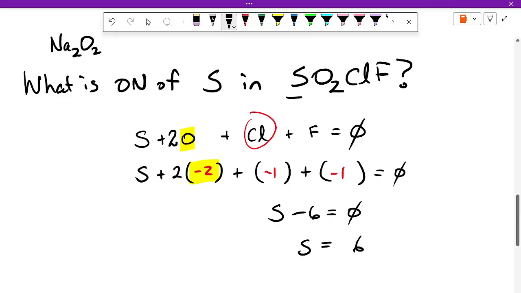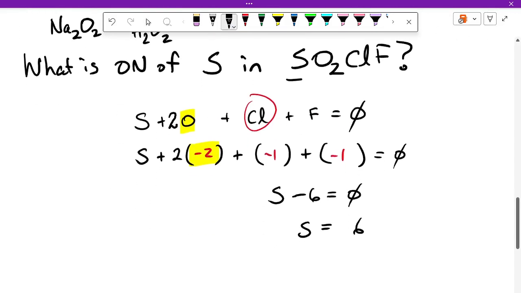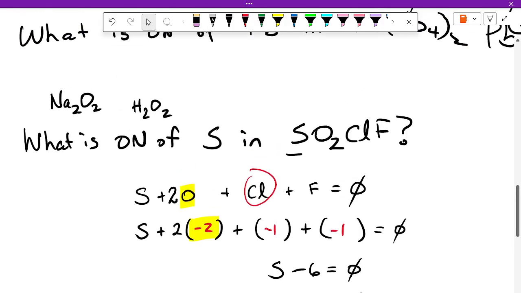Or hydrogen and oxygen, but it's not water. So never peroxide if you're using oxygen to find the other thing. In this case, you would be using sodium to find the oxidation number in oxygen. Yeah?